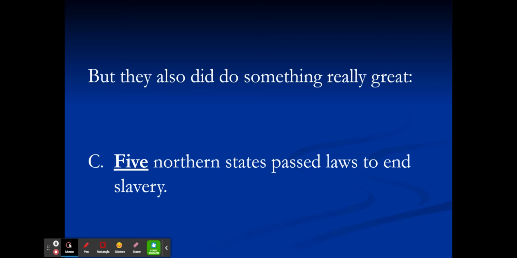Now, no southern states were willing to do that, but several of those southern states did also make it easier for slave owners to free their enslaved people if they wanted to. So that's a really big deal.